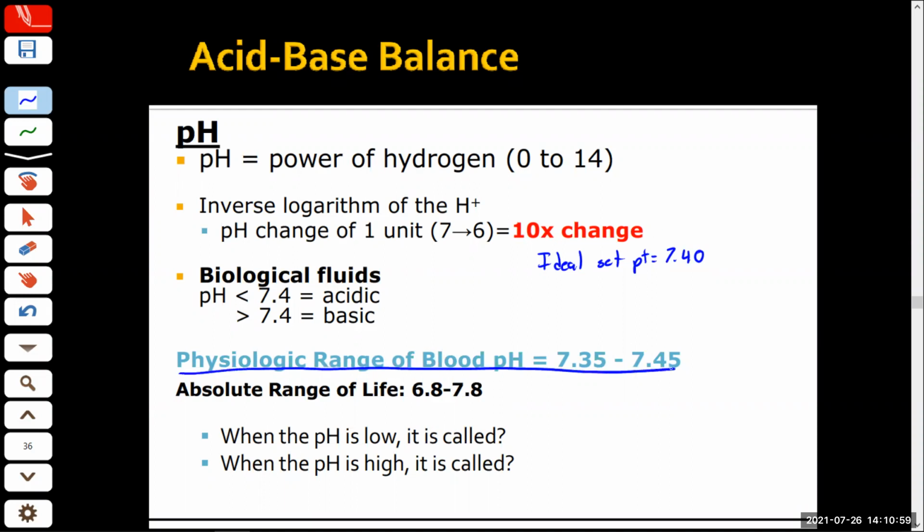The physiological range here, so I call this the operational range, is 7.35 to 7.45. If you are between this range right here, you are still operational. 7.35, you're okay.